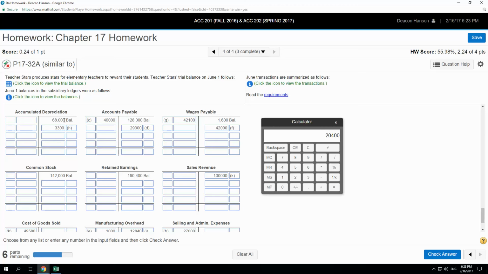Let's see, accumulated depreciation would be 71,300. Accounts payable. Okay, now the credit side is going to have more. So 117,300. Let's see what we got here. Wages payable, $1,500.